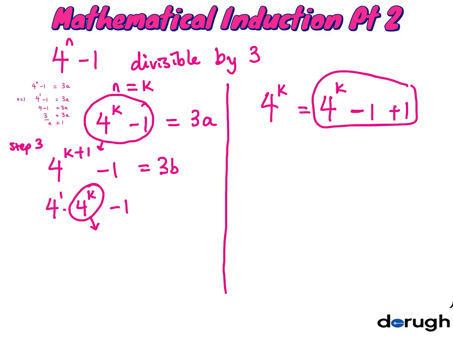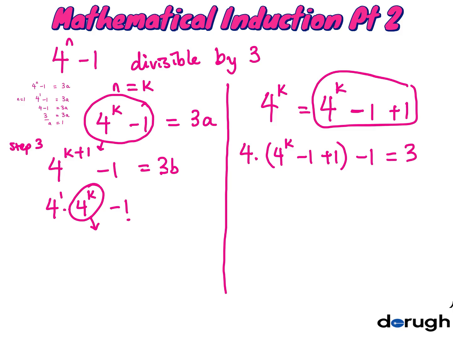So what we then have is 4 power k and the actual minus 1 that was there.